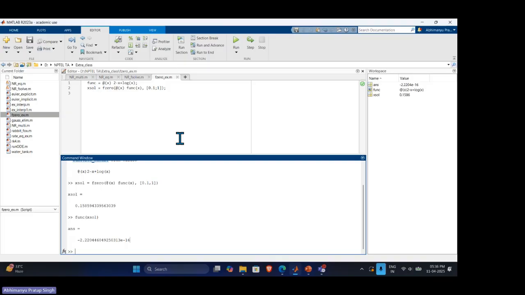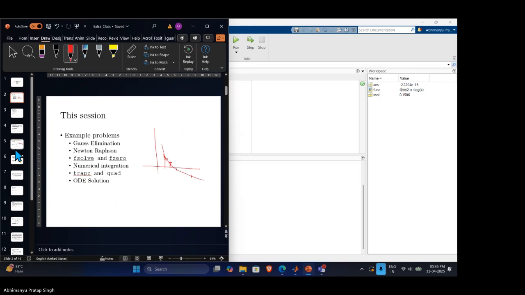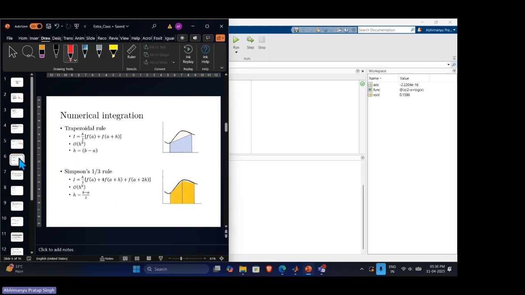Right. So let us now. What's the next part? So we have these numerical integration, right?